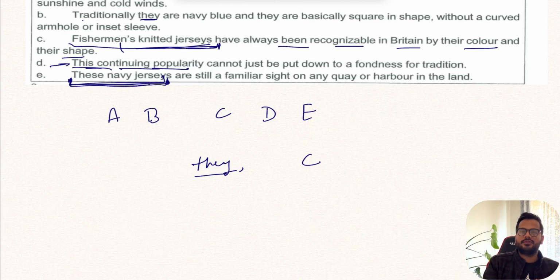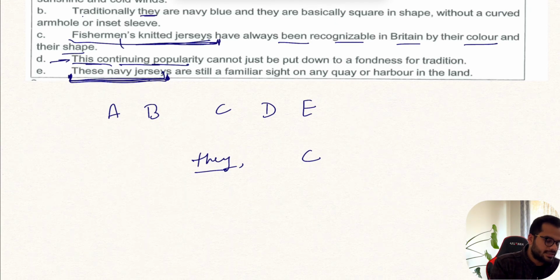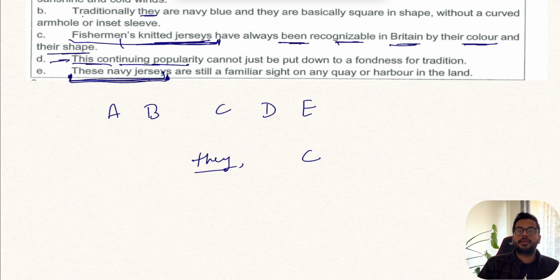Once I've got my very first sentence, I'll start reading and finding what sort of rules I can use and what sort of pairs I can make out of it. Fishermen's knitted jerseys have always been recognizable in Britain by what? By their color and their shape. One rule I am going to use here is that whatever they end one sentence with, they would start the new sentence with the very same thing.